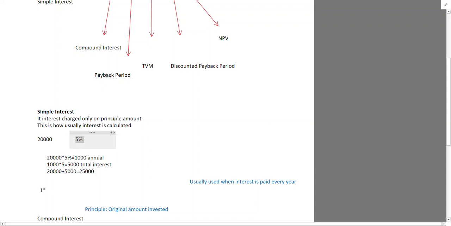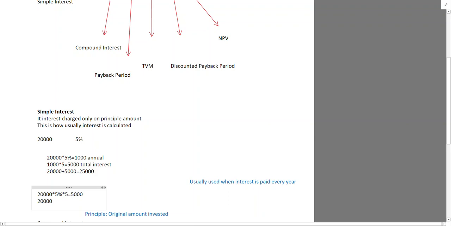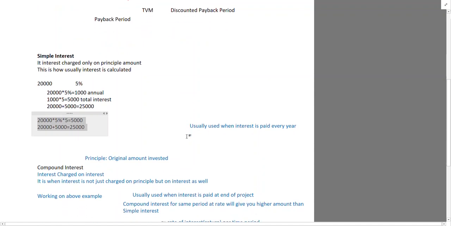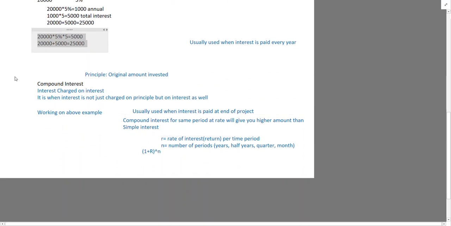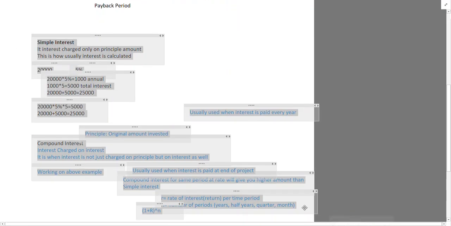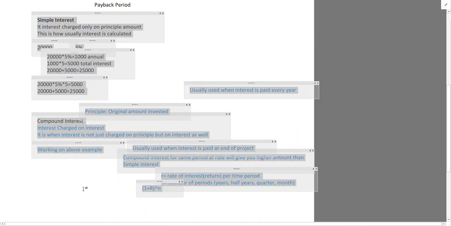Or you could read it like this: 20,000 multiplied by 5% multiplied by 5 gives you 5,000, plus 20,000 becomes 25,000. So simple interest is interest charged on the principal amount. On the other hand, compound interest is interest charged on the principal amount plus interest.